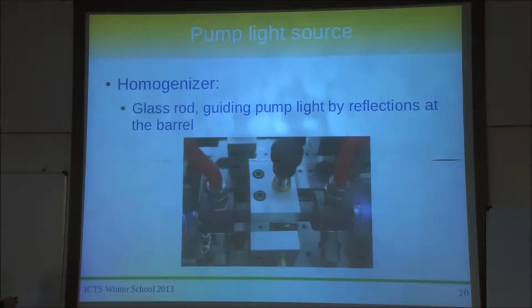And that's why we introduced these homogenizers, which is basically a glass rod or a super-zero rod. And you bring the light in from one side, then it goes through the glass rod. This glass has a refractive index of about 1.5, and it's surrounded by air, which has a refractive index of 1. So you have total internal reflection. We have in the end Teflon rings.